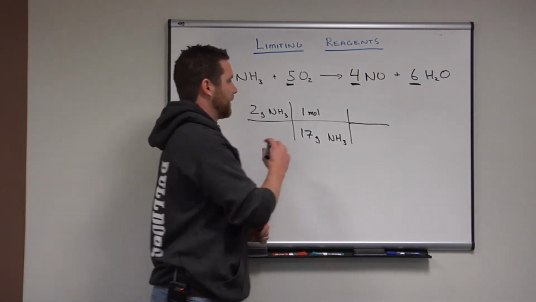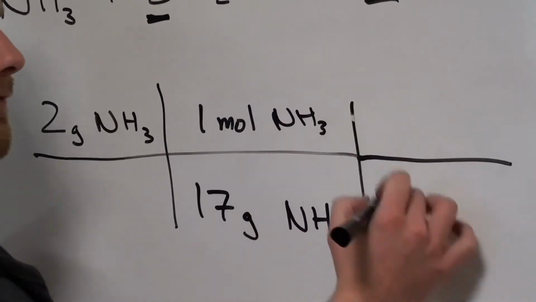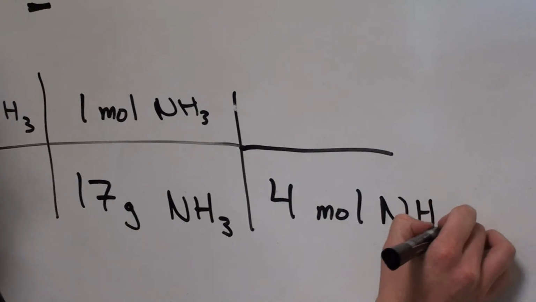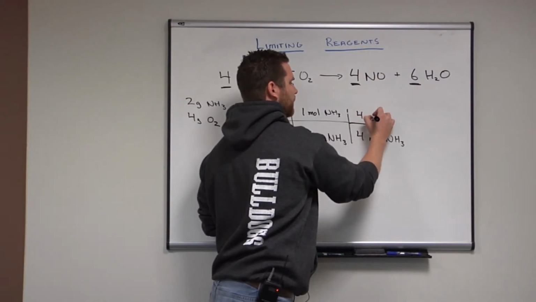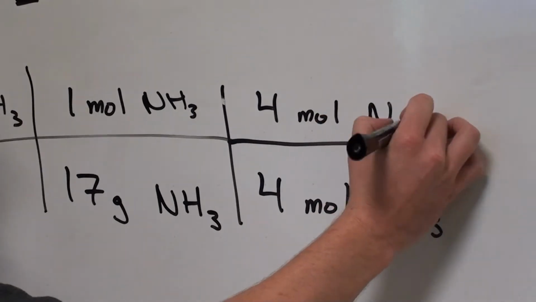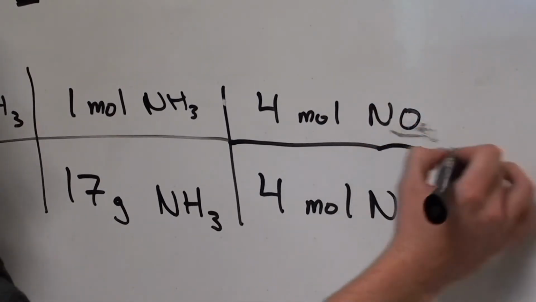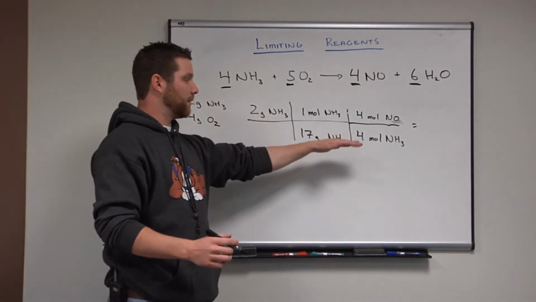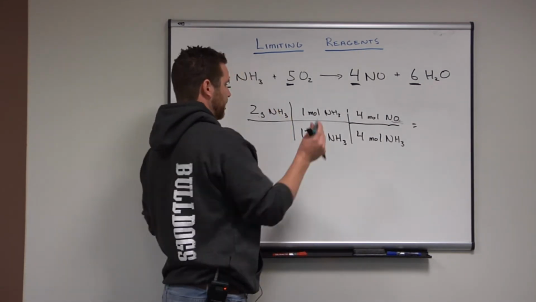So what I'm going to say is I have 4 moles of NH3 should give me 4 moles of NO. And when you multiply across the top, divide, and then multiply everything on the bottom, you're going to see our units are going to cancel here.